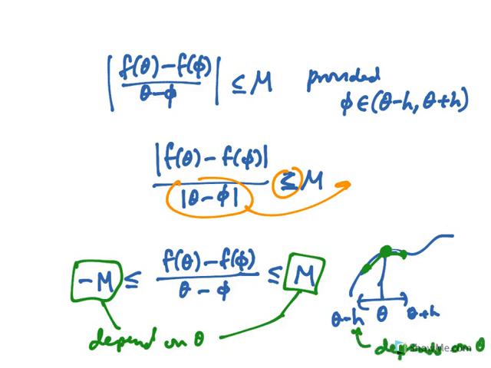But each theta in the domain comes equipped with such an h and such an m, so that in this interval around theta, the secant lines that go from this point to every other point on the graph are limited in slope to something between minus capital M and capital M. So that's the basic idea behind a Lipschitz function.